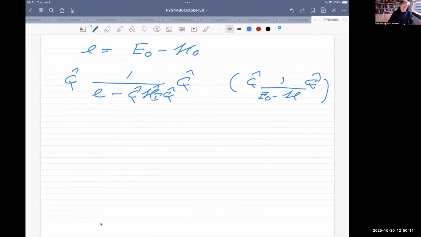Now, if you look at this expression here, I can use that relation which I set up.